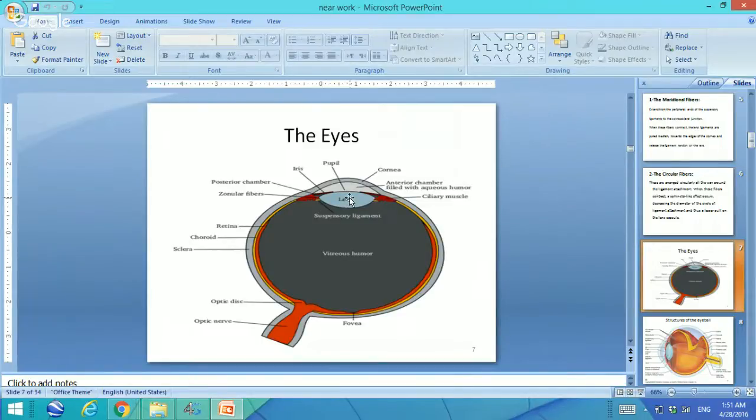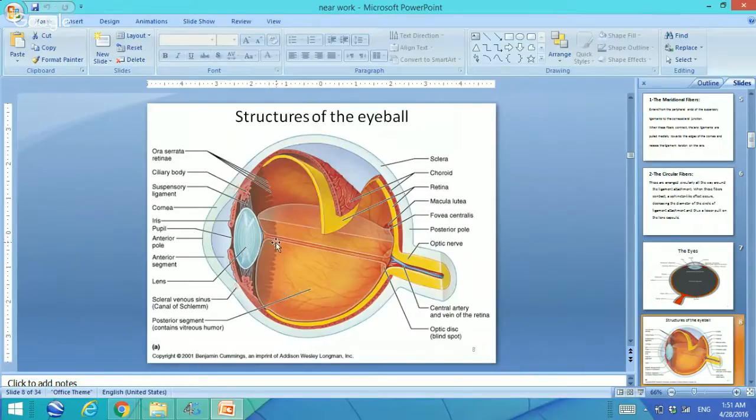Here is the lens, which is suspended by the zonular fibers to the ciliary body. In front of the lens is the iris. In the center of the iris is the pupil. Here it is more clear, the zonular fibers and the lens fibers also, and the ciliary body.